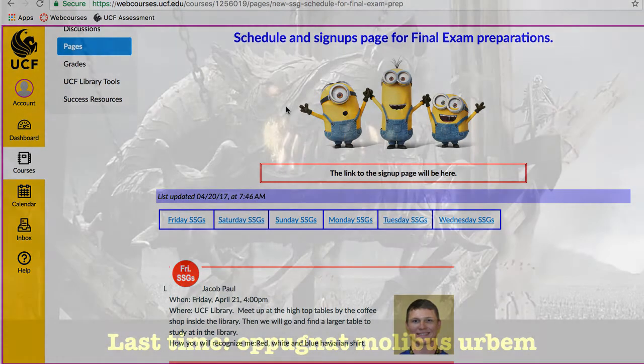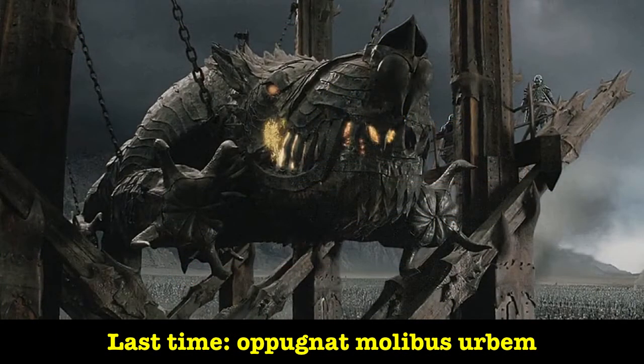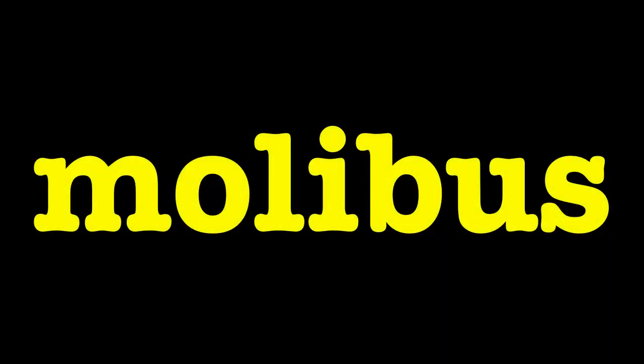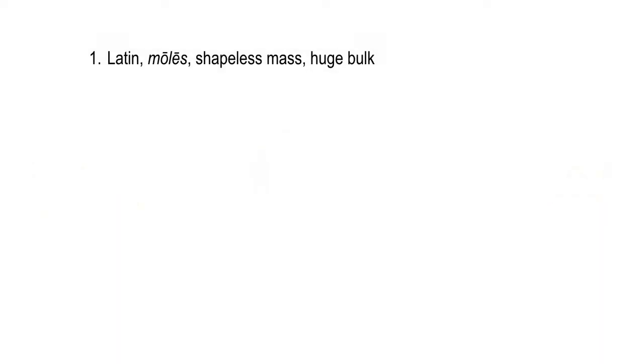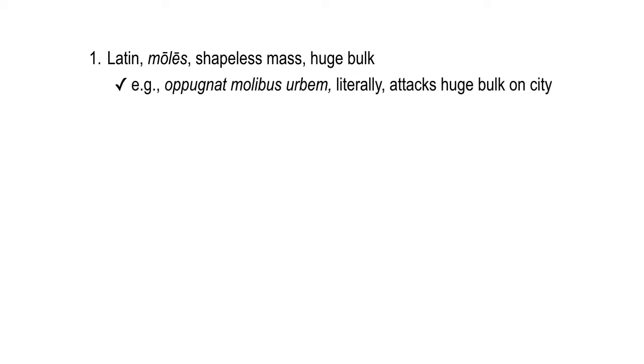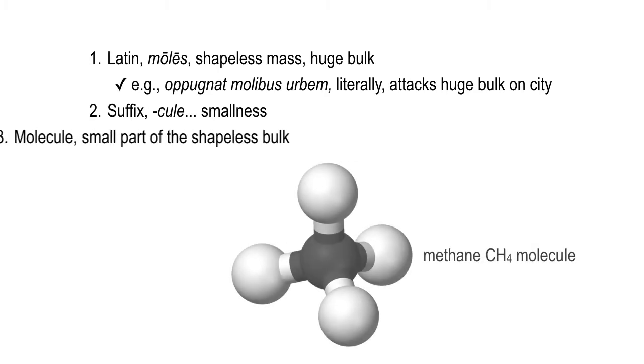Now, our main topic today is molecules. Last time we talked about this concept of moles, which is from the Latin word for large, shapeless, huge bulk, for which the phrase "adpugnat molibus urbem" was famously used. From it, we get the word molecule, which, when you attach the "cule," means a small part of the bulk.